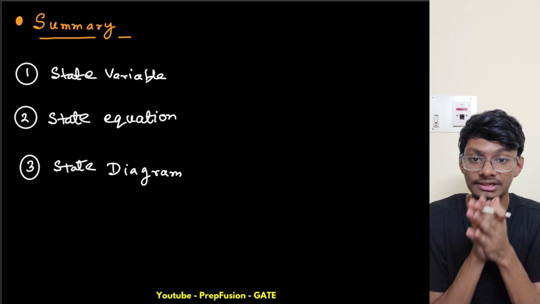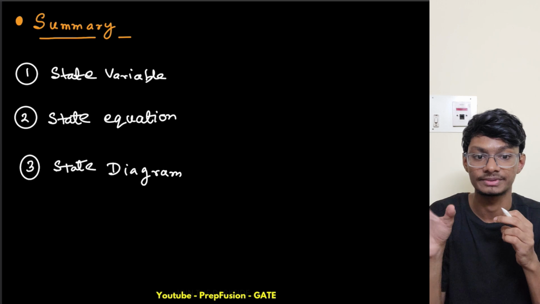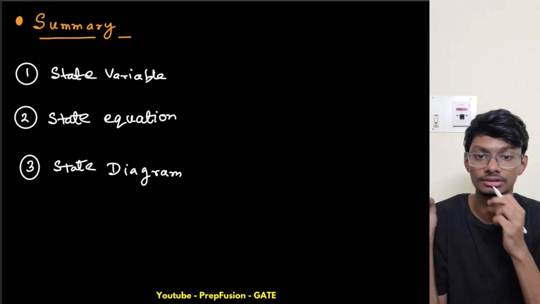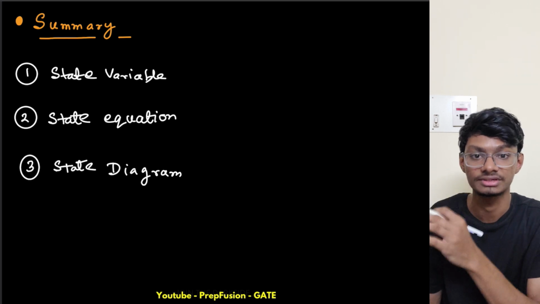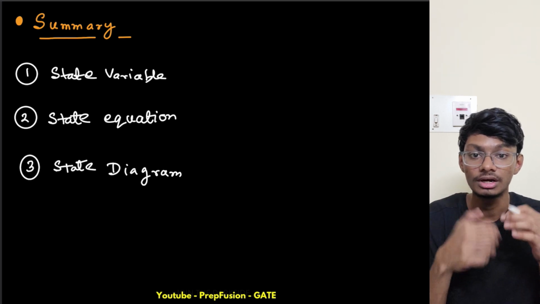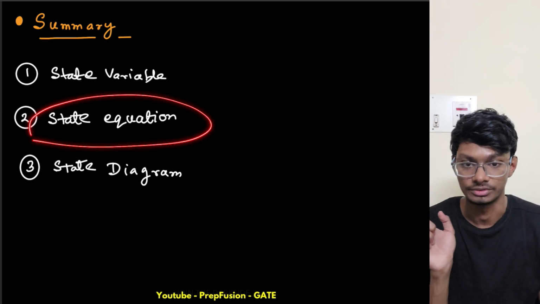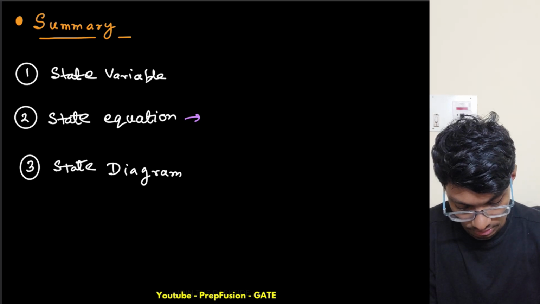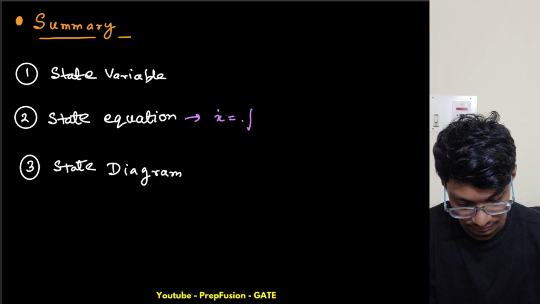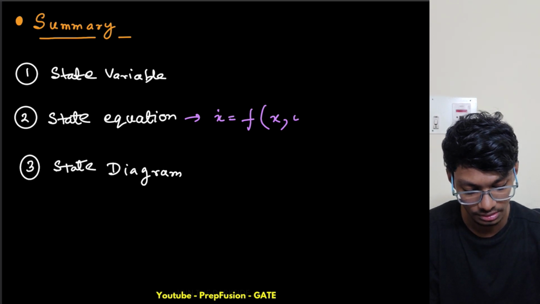State equation is basically a first order differential equation that is used to express the change in the state variable in relation to the input and the state variable itself. So that is basically state equation. State equation is a function of x dot of t, a function of the state variables themselves and the input.